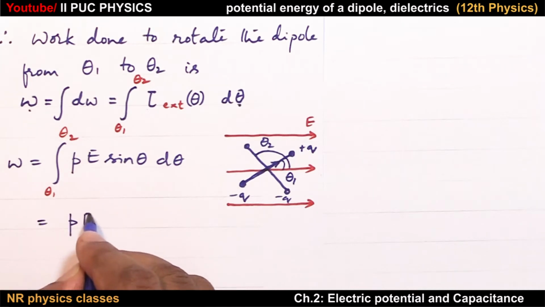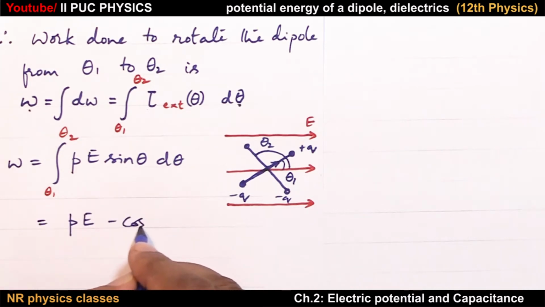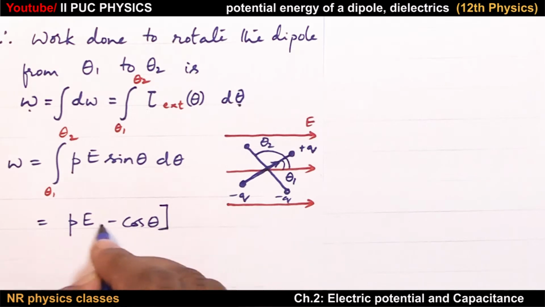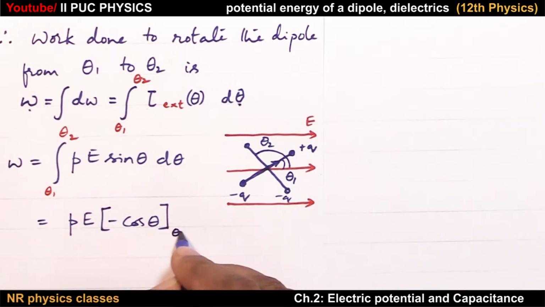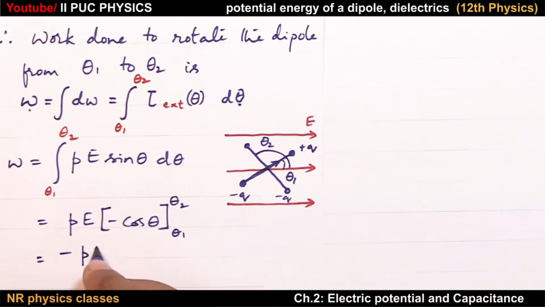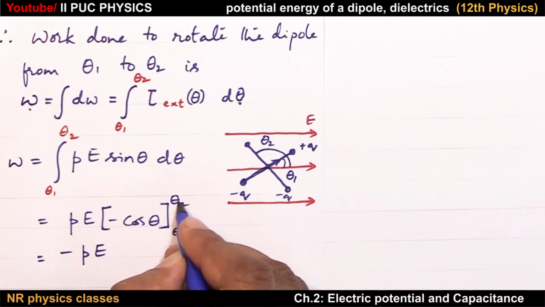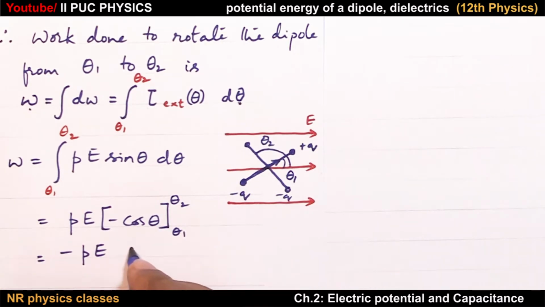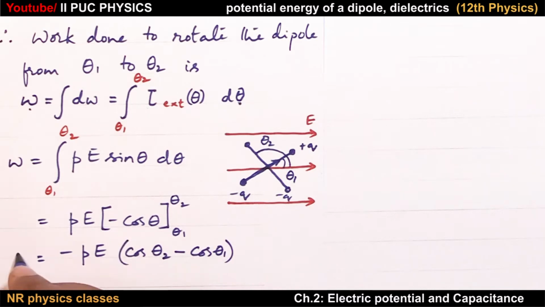So P E into minus cos theta, limits from theta 1 to theta 2. Take the minus sign outside: minus PE, upper limit cos theta 2 minus lower limit cos theta 1. So this is the total work done.